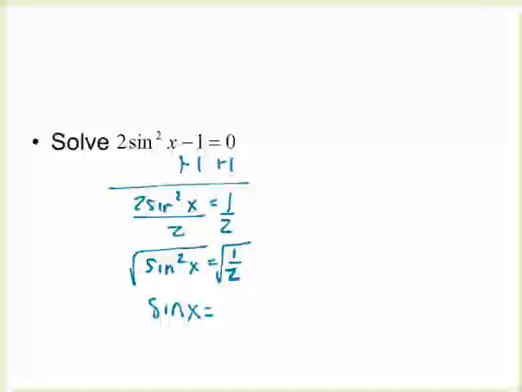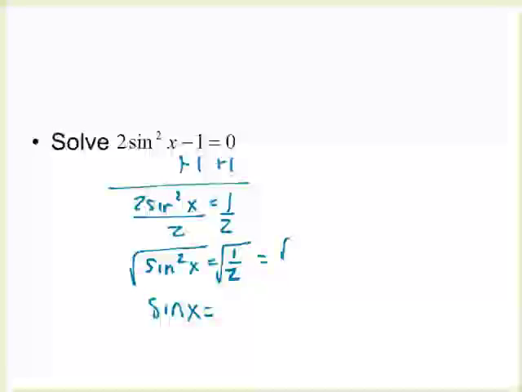So sine of x equals, how do I take the square root of a fraction? Not on your calculator, because it will give you a decimal, which will not be helpful to us with our special triangles. You do not need a reciprocal. Split it up. Square root of the top and square root of the bottom.